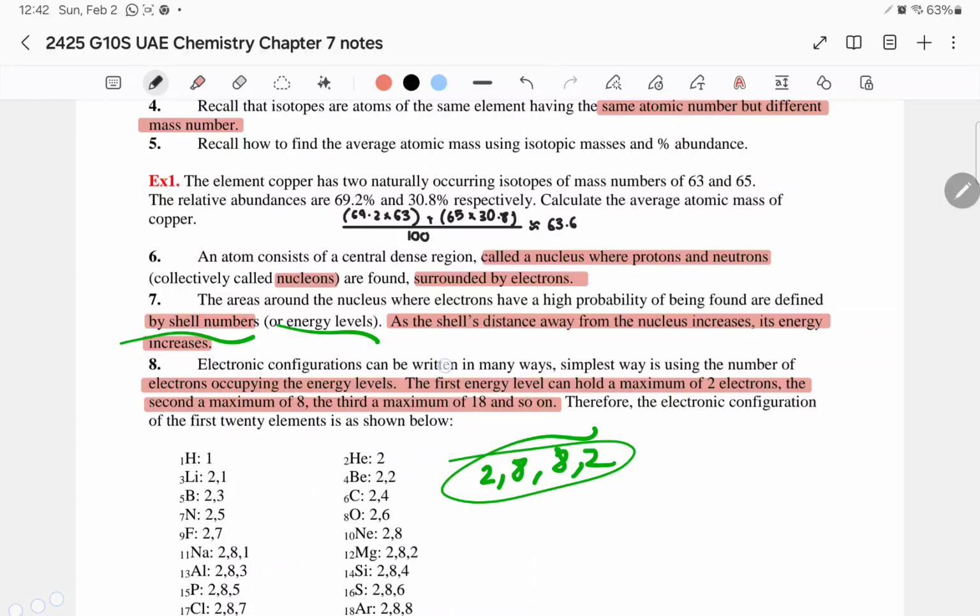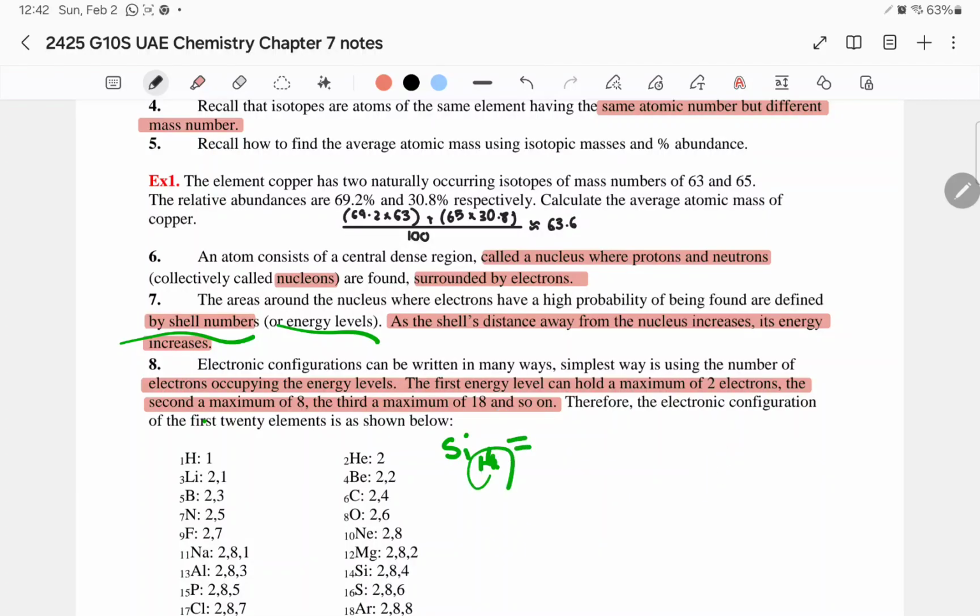Always for your first number, you write 2. Let's say it's element 14, silicon. Silicon is element 14, Si 14. It has an atomic number of 14.